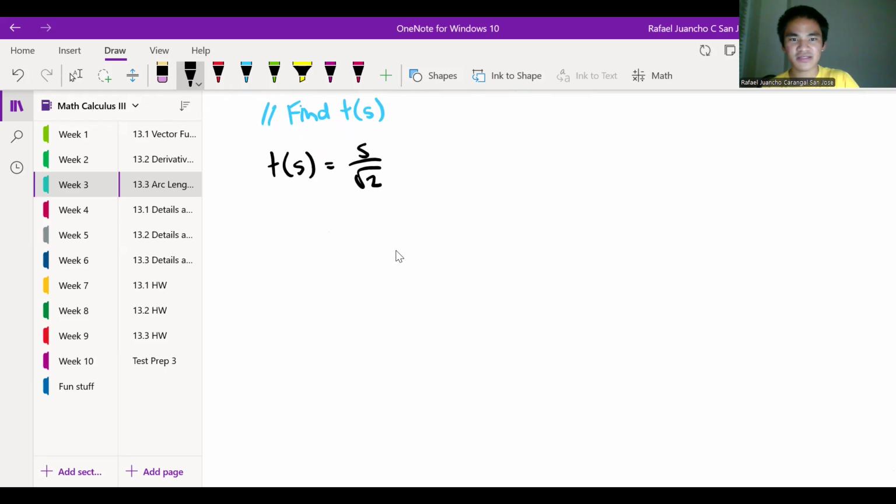And then from here, I can reparameterize. How do I reparameterize?